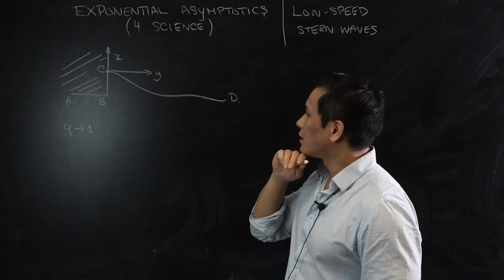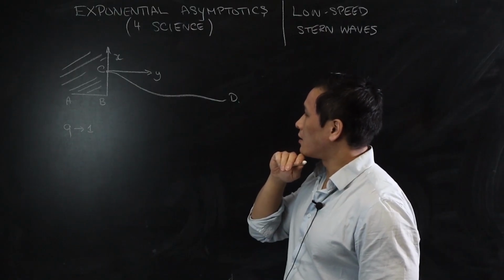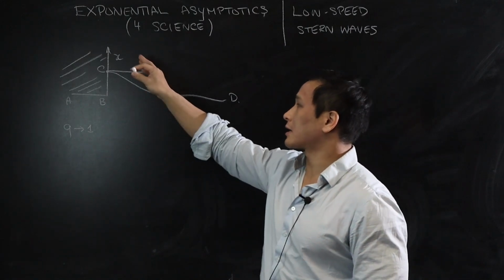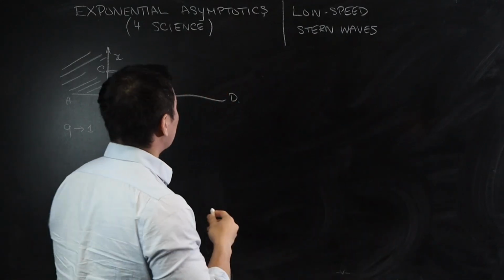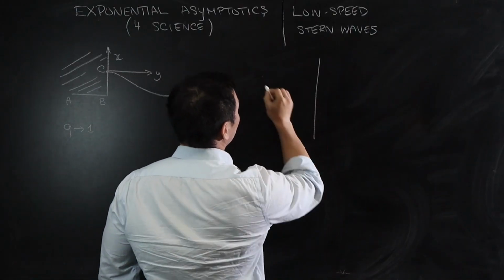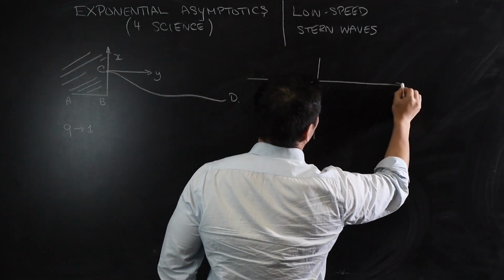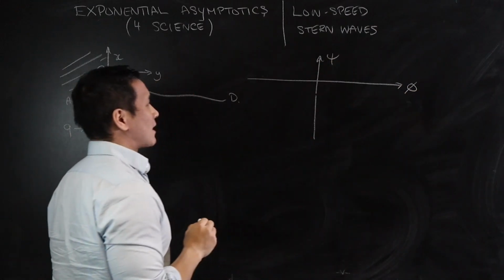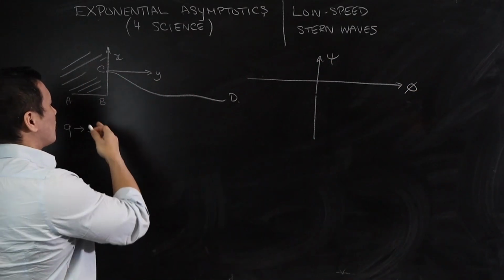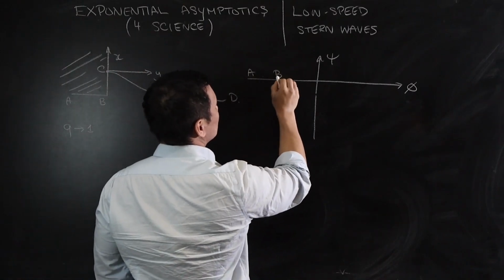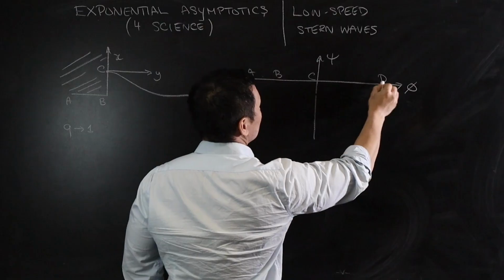Okay? And then the better way to visualize this system, not in the xy plane, is instead in the potential plane. So in the potential plane, you have the coordinate phi, the velocity potential, and psi, the stream function, and then a, b, c, d would be a, b, c, d.